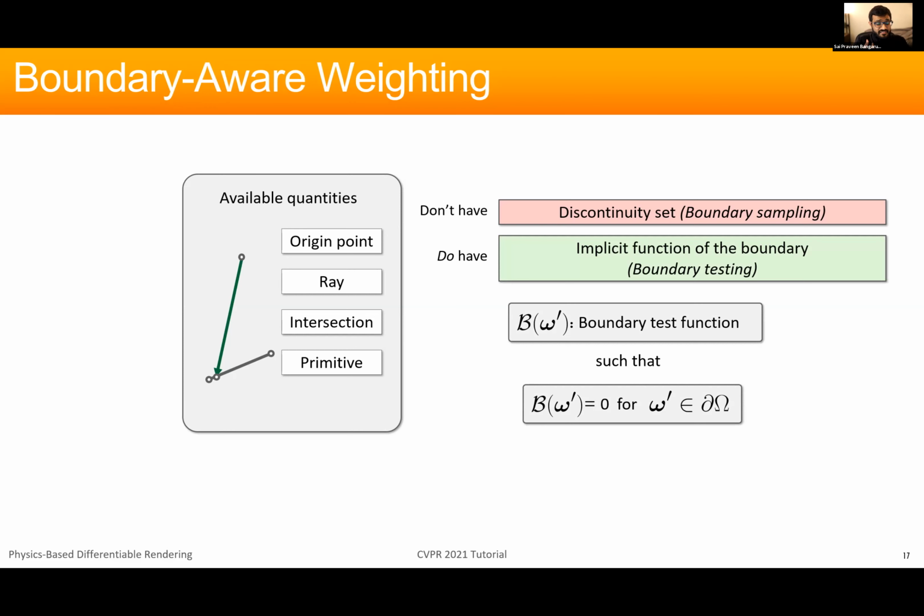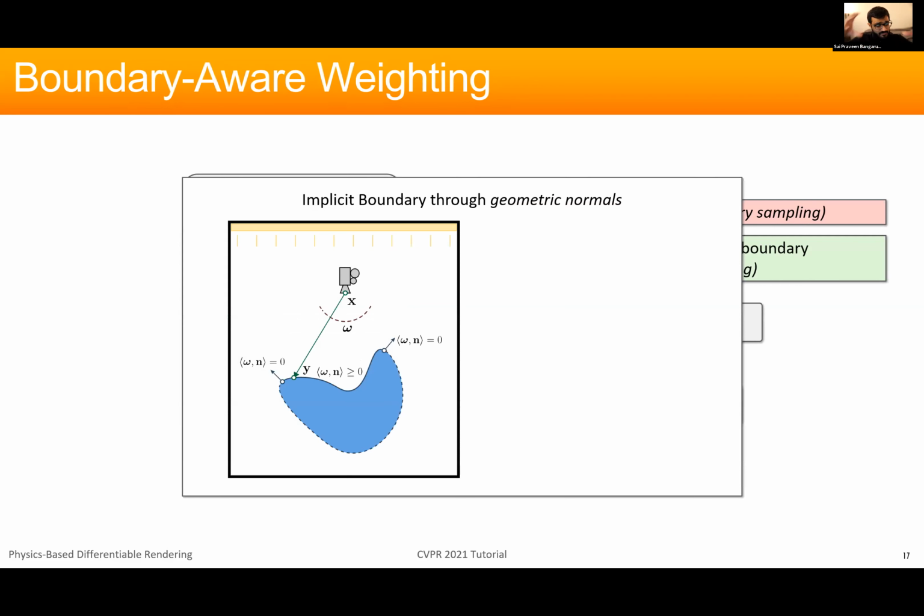Intuitively, it's an implicit representation of the silhouette, and comes with the advantage that it's usually easier to compute compared to explicitly finding the boundary. As an example, imagine that you have a nice smooth shape. You can now use the dot product of the ray direction with the intersection's normal, because conveniently, this is zero at boundaries.